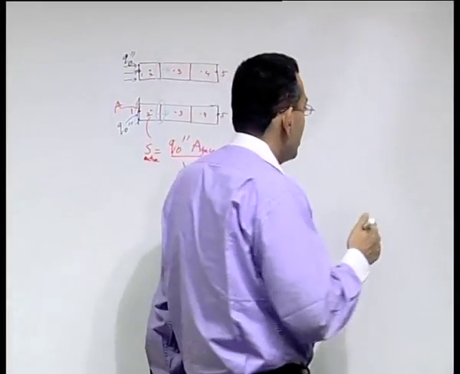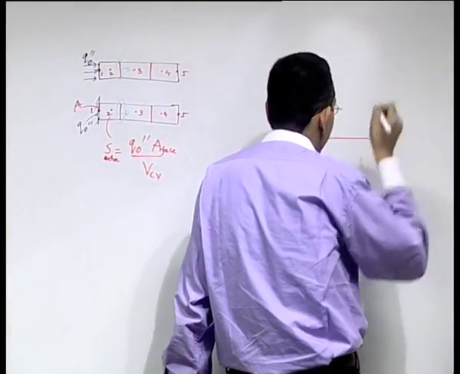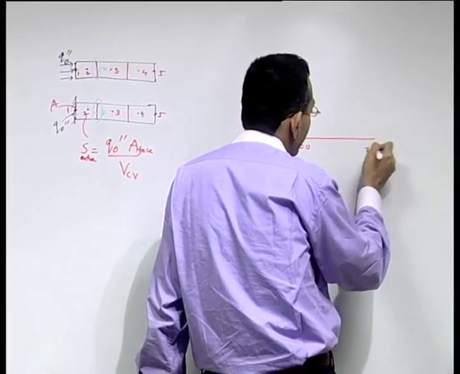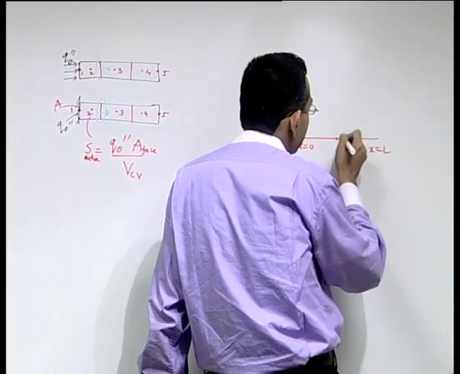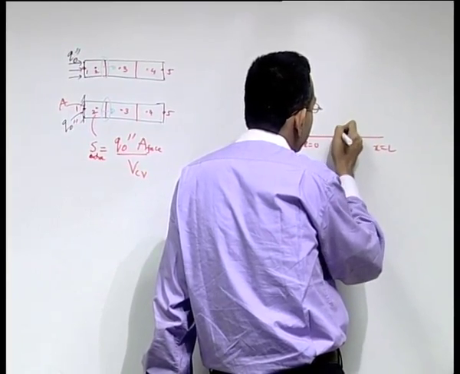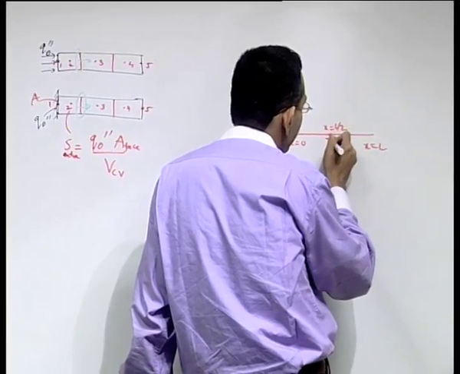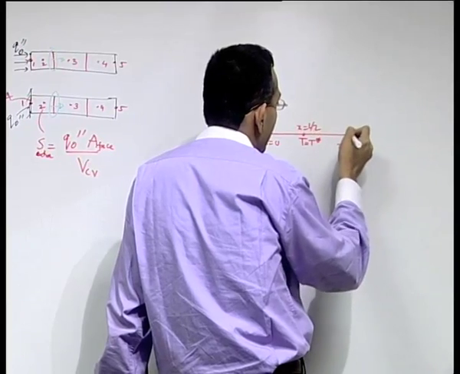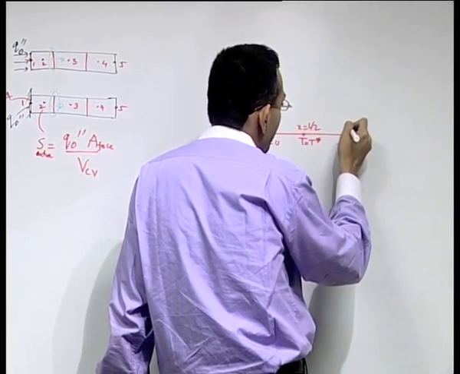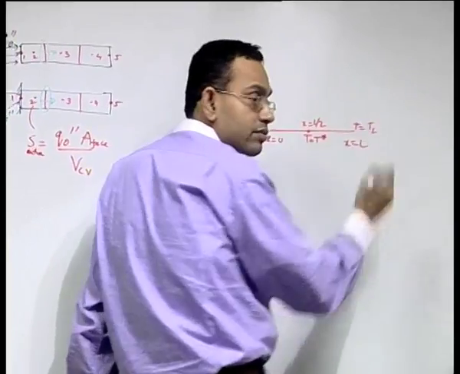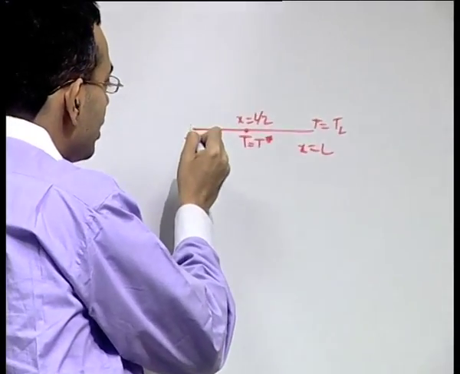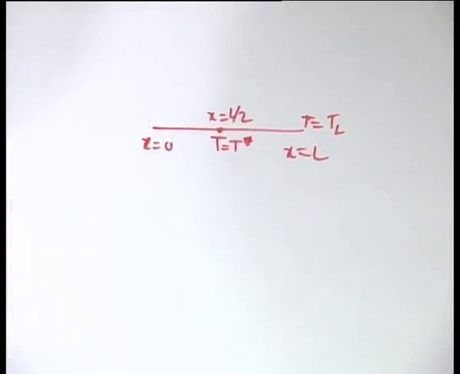Let us take an example. Let us say that you have a domain x equal to 0 to x equal to L, and we are giving a boundary condition that at x equal to L by 2, T equal to T star, and at x equal to L, T equal to TL. At the actual physical domain boundary x equal to 0, we have not given a boundary condition.